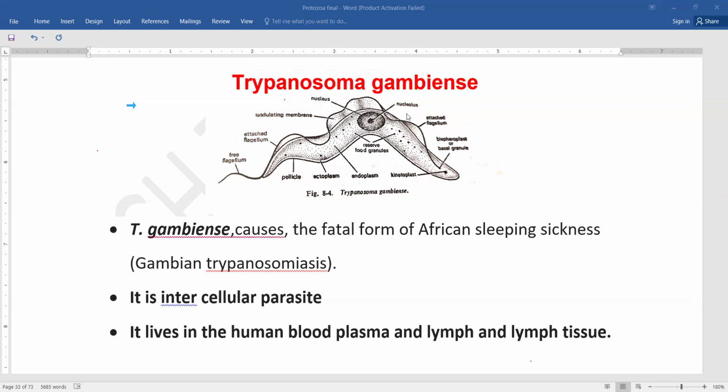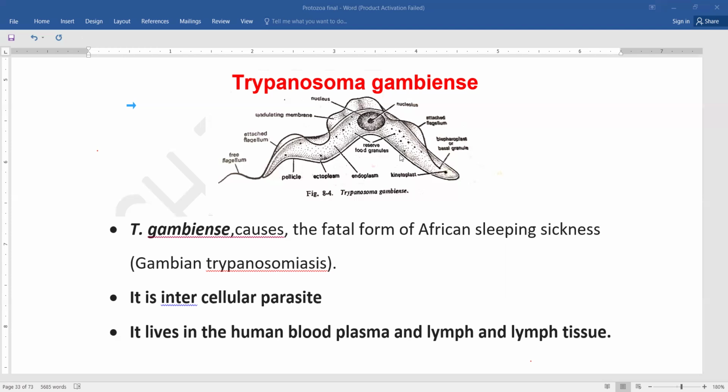While traveling through the body, this flagellum forms an undulating membrane, and in the anterior region, the free flagellum is seen. So this is the general structure.